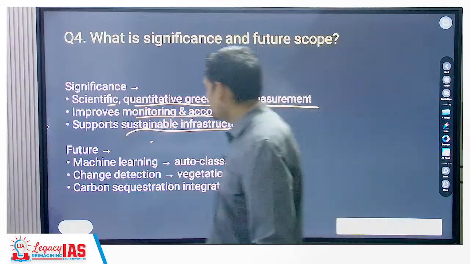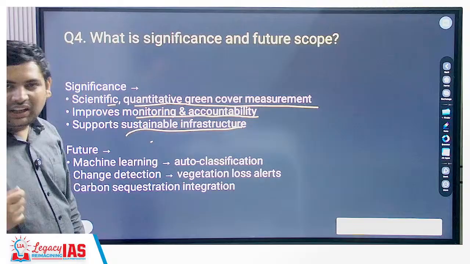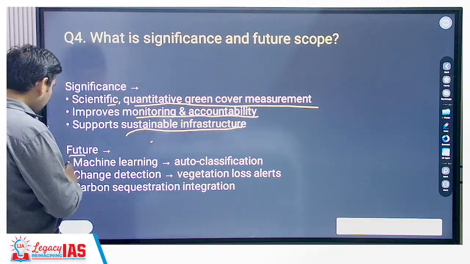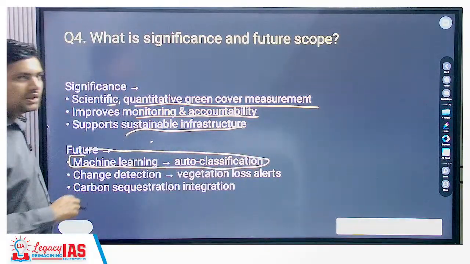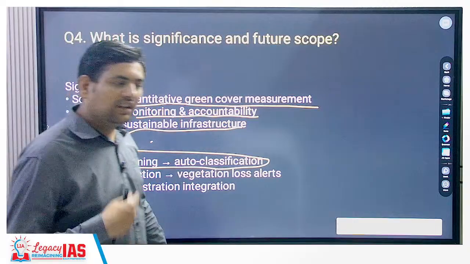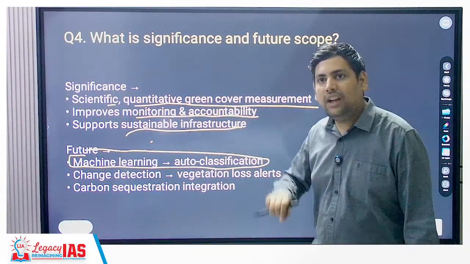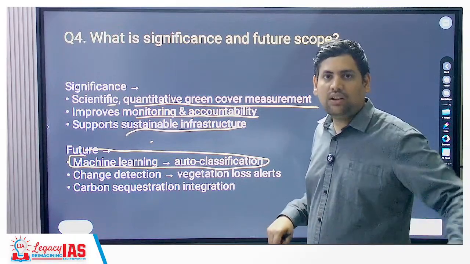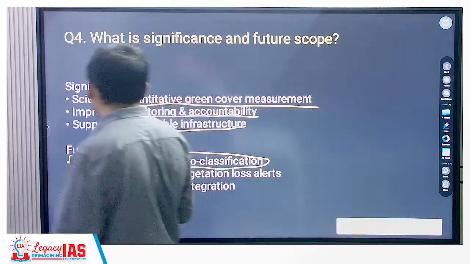As I told you, future is that right now we have done it using satellite data and finally a report is released. Now, this in future will be done by machine learning, which will do auto classification, that is just seeing it, constantly observing it and classifying it and generating any, let's say, discrepancy or any issue that is observed there, that only will be related to a human and they can take immediate action on it.